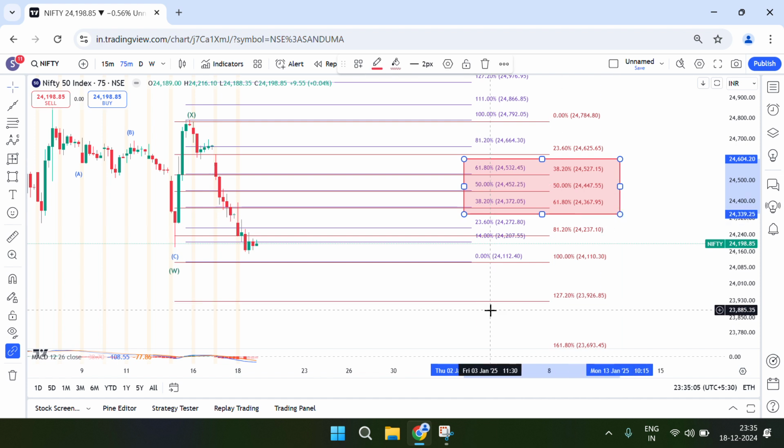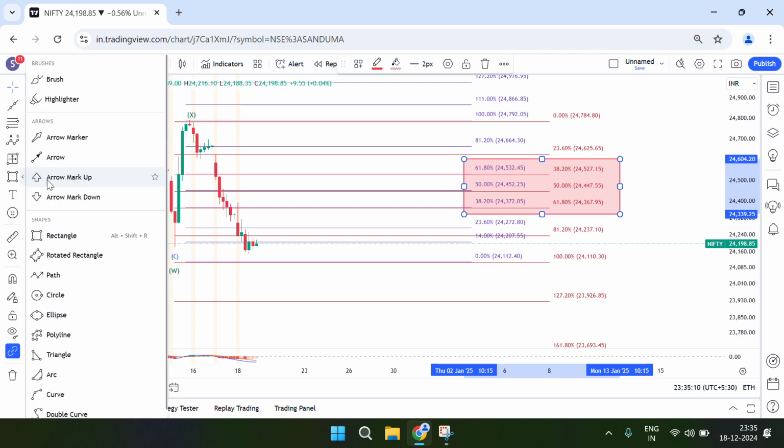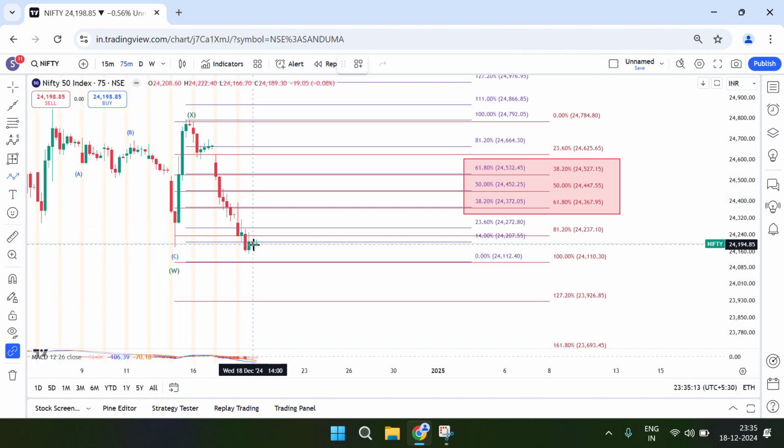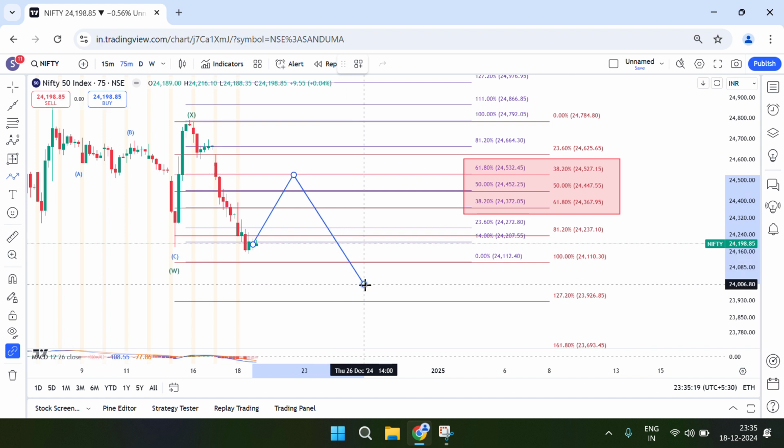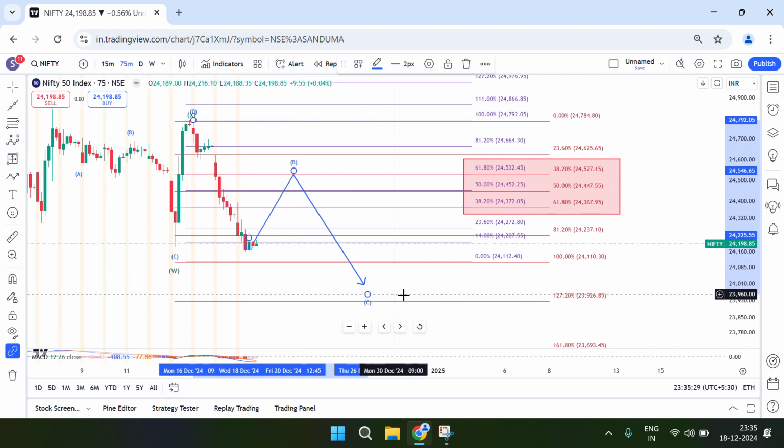These price levels are where there could be a small retracement if at all Nifty starts, either from here or from here or from here, and it would again continue to make the further move. This will be A here, which is what is getting formed. B could be somewhere here, and C could be somewhere here. Now C could be the minimum price.